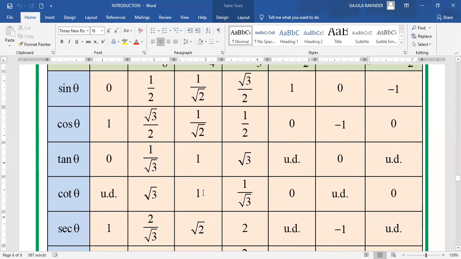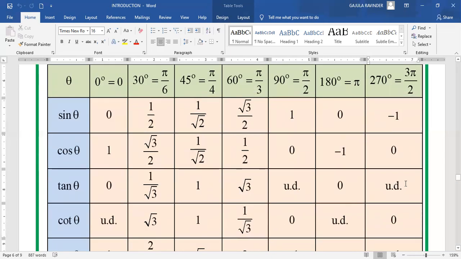Because, for example, this is UD. What is that? Tan 270 degrees is undefined, and tan 90 degrees is undefined. Then how do we say tan 90 degrees is infinity, sir? Sometimes we have seen somewhere that tan 90 degrees is infinity. That is not correct.